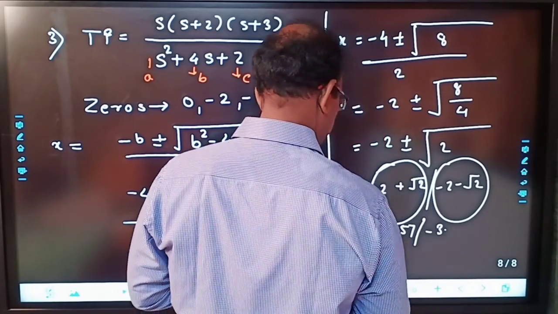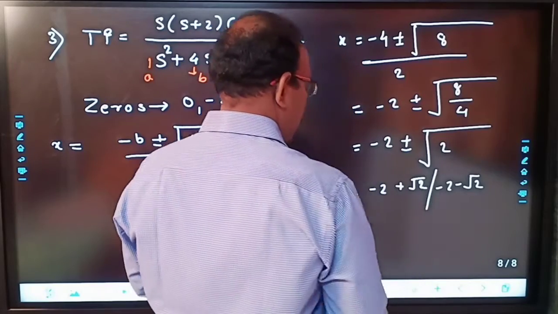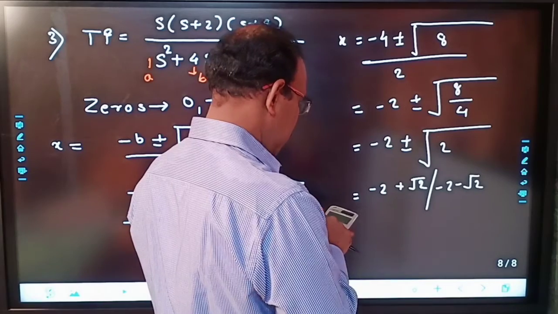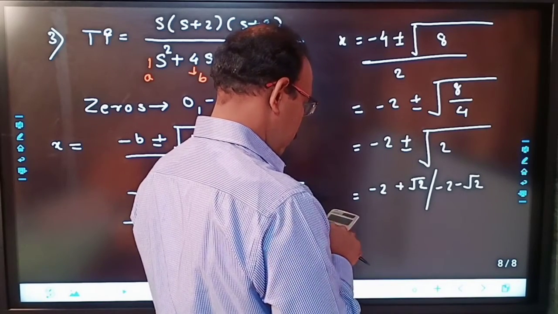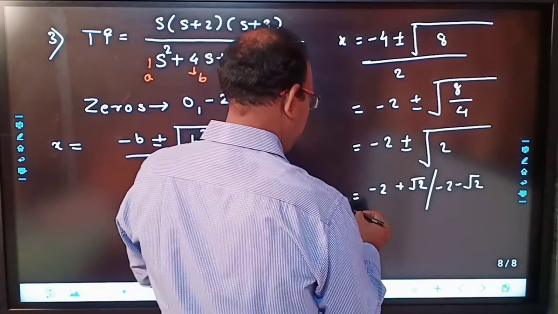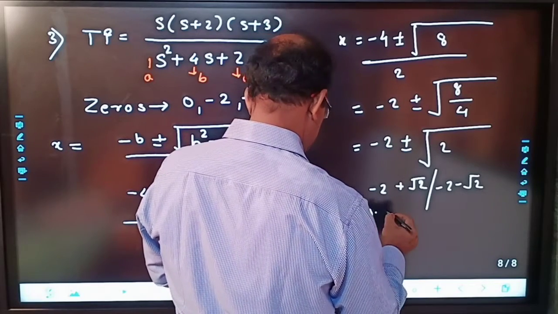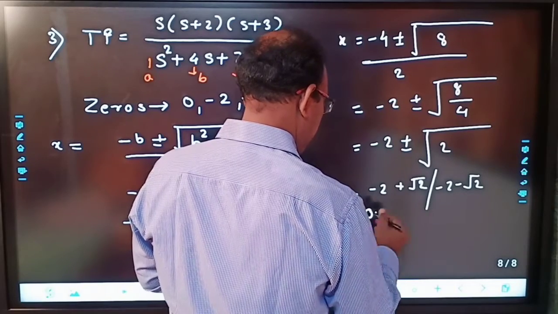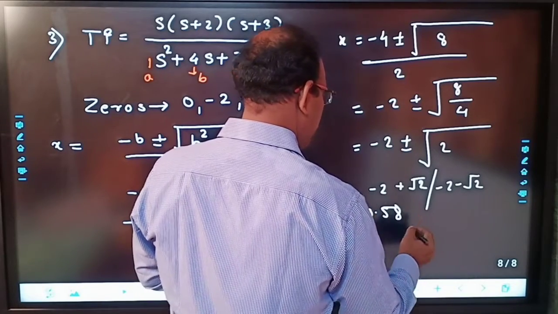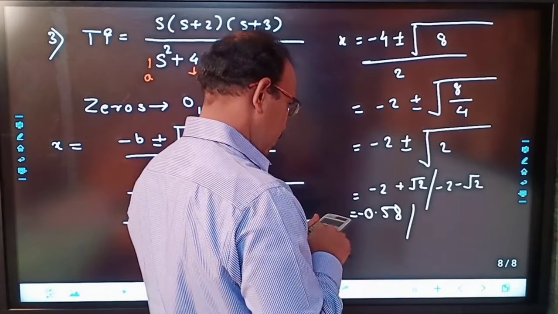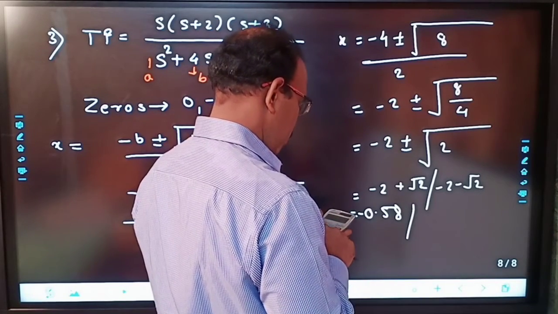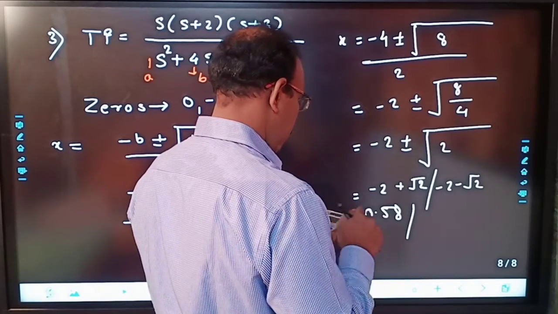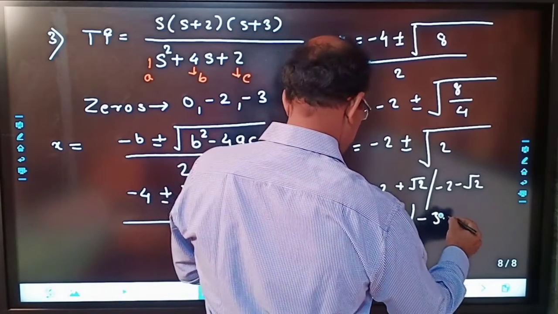This is wrong. It is -2 plus root 2. This will be 0 point something, minus 0.58, and another will be -2 minus root 2. Okay, this is not 5 point, this is 3.41.